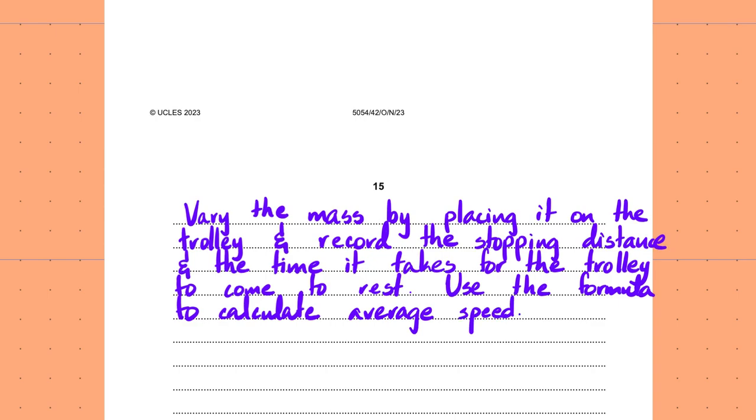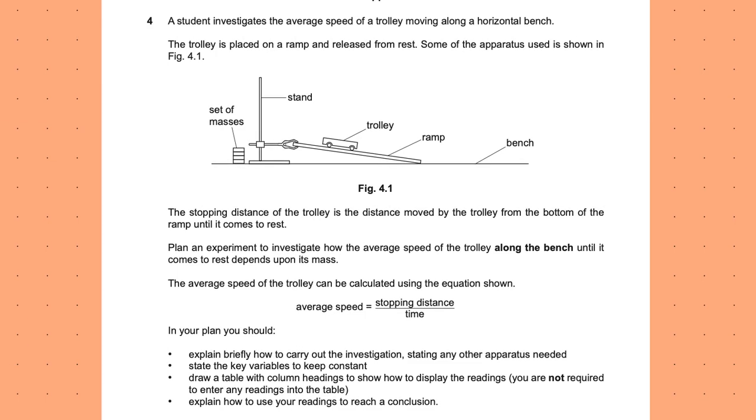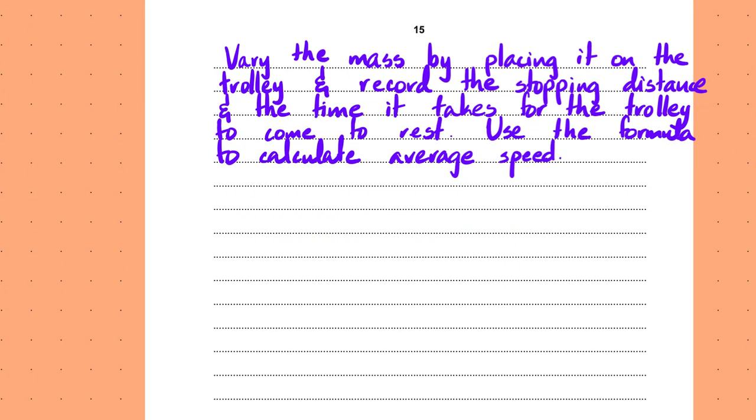So with this done, what else do I need to talk about? I can talk about how to measure these as well. So I'll say measure the distance using the meter rule, and measure the time using a stopwatch.